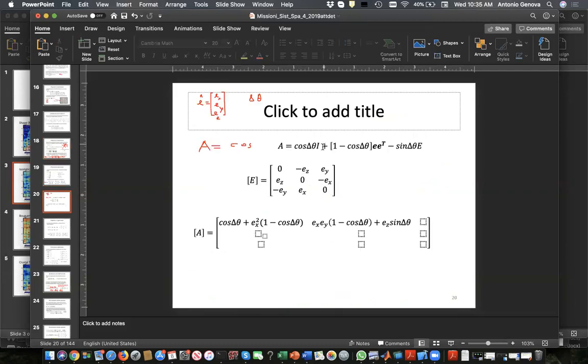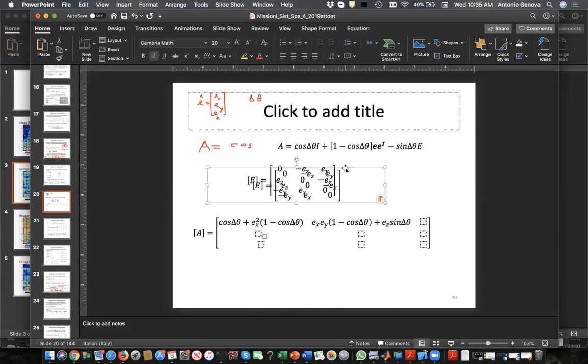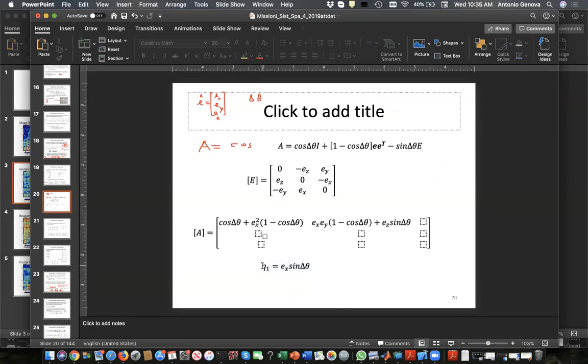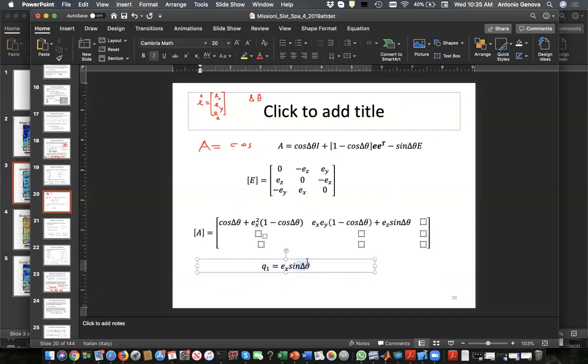Since we have written, for example, that Q1 is equal to EX times sine of delta theta, and so on. So Q2 will be a similar expression.